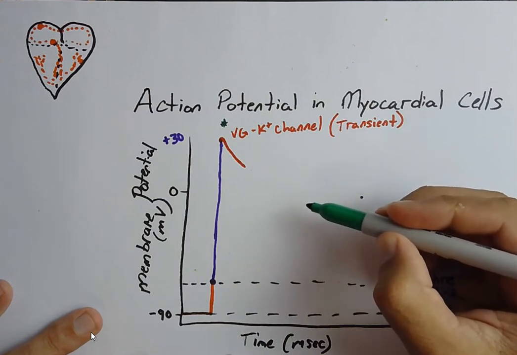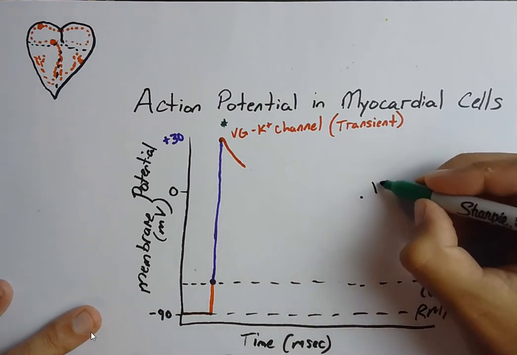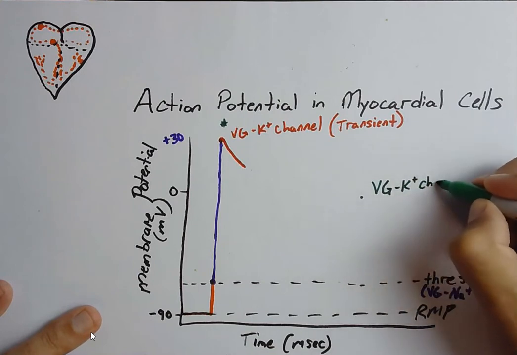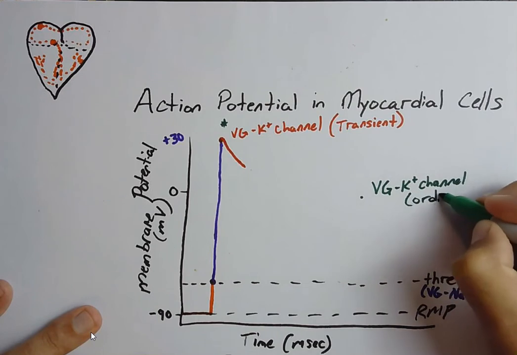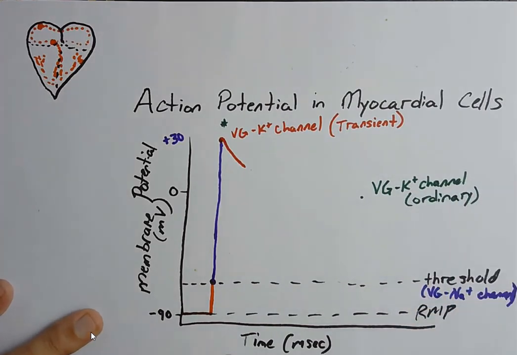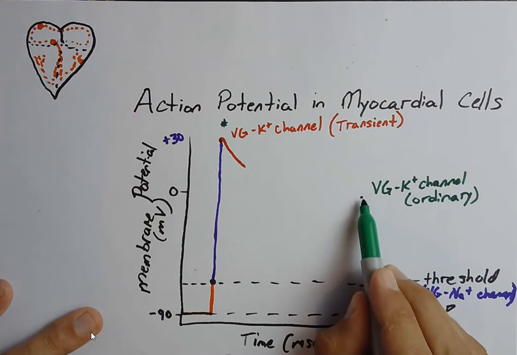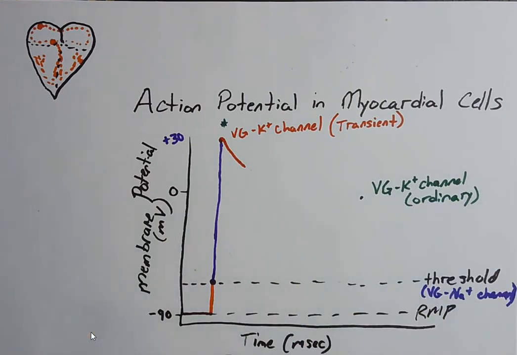Slow at first, fast at the end. This is going to be a voltage-gated potassium channel, but this one tends just to be called ordinary because it's the normal voltage-gated potassium channel that we learn about all over the place. So this one actually starts opening over here, but it doesn't become fully open until way over here on the right. So let's fill in the in-between.